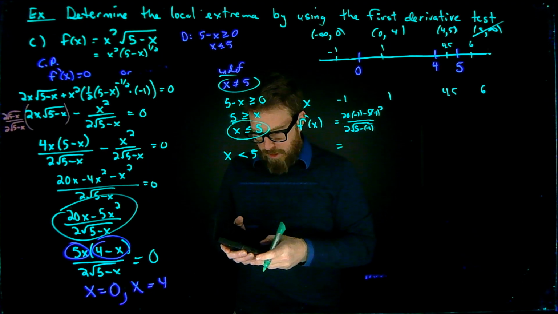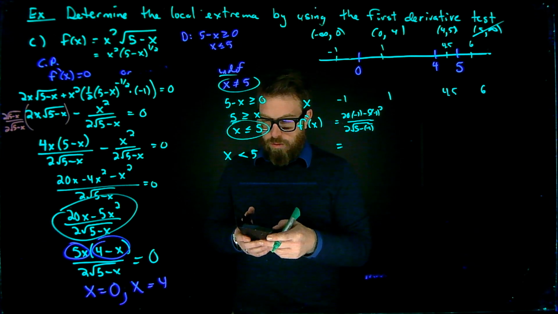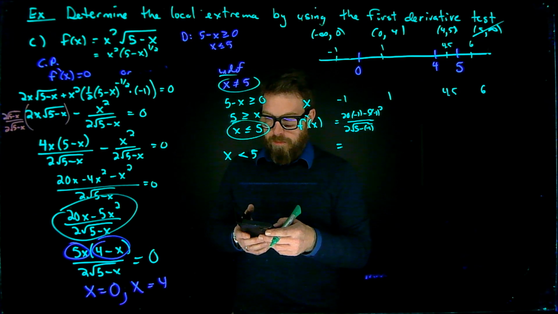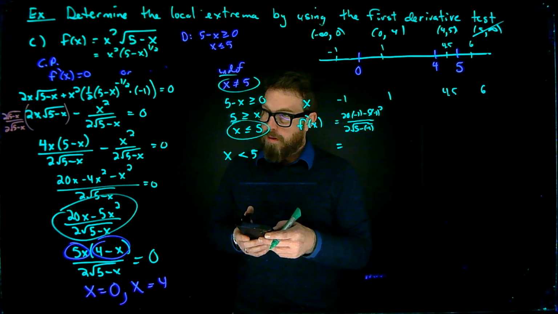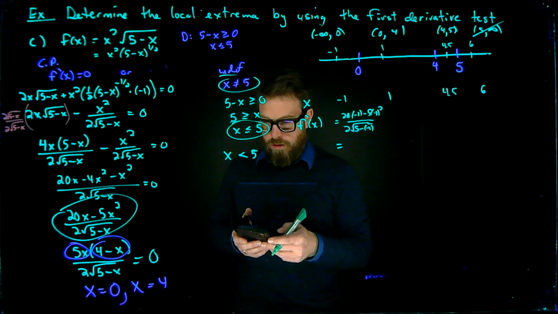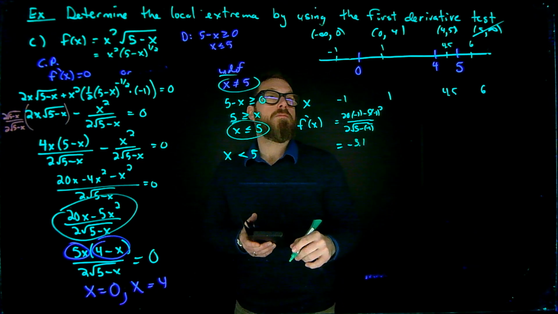So when we plug in -1, what I get is, let's make sure that looks right. Just double checking, and it says we're good. So this is minus 5.1.